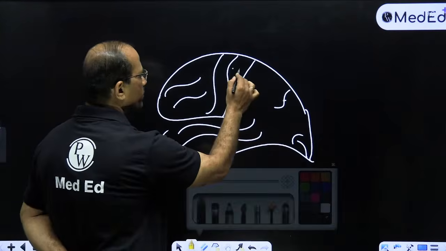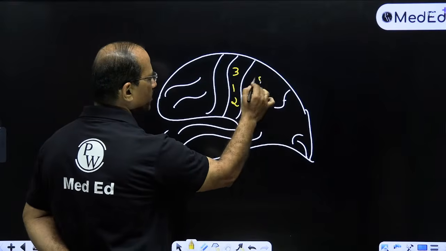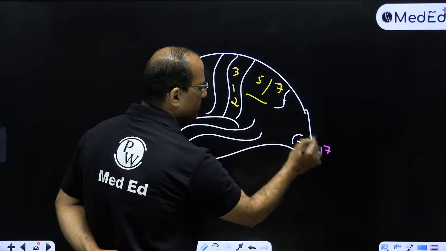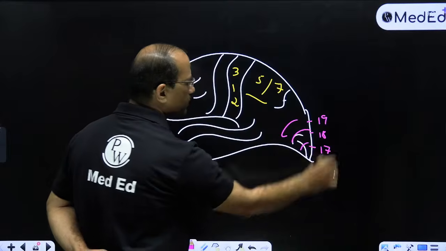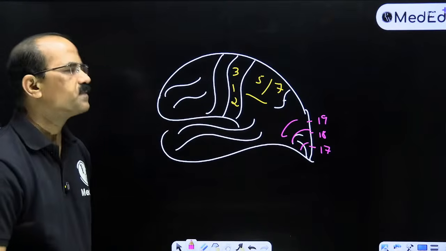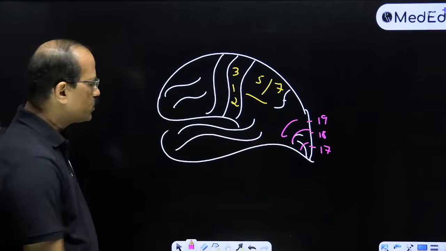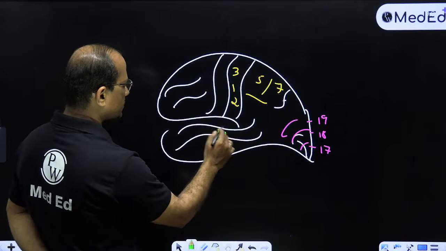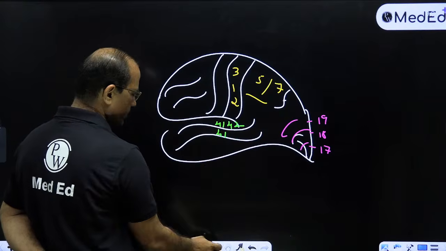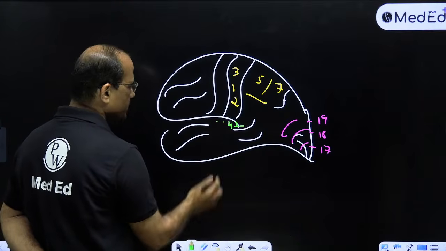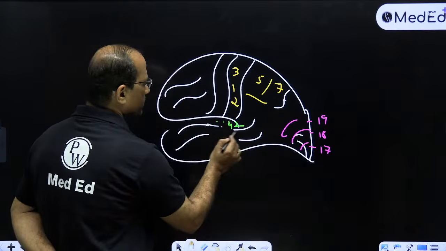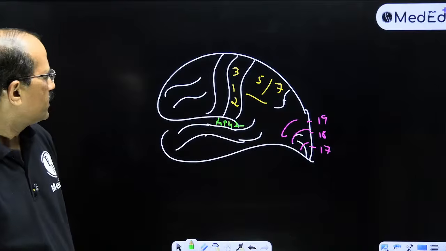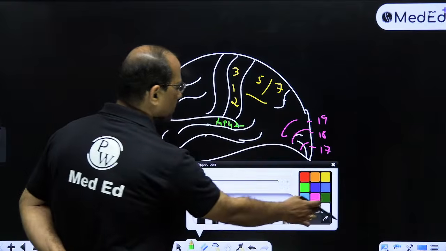Areas 3, 1, 2 are the primary sensory area. 5 and 7 are the sensory association area. 17 is primary visual, 18 and 19 are the visual association areas. 41, 42 is the primary auditory area.